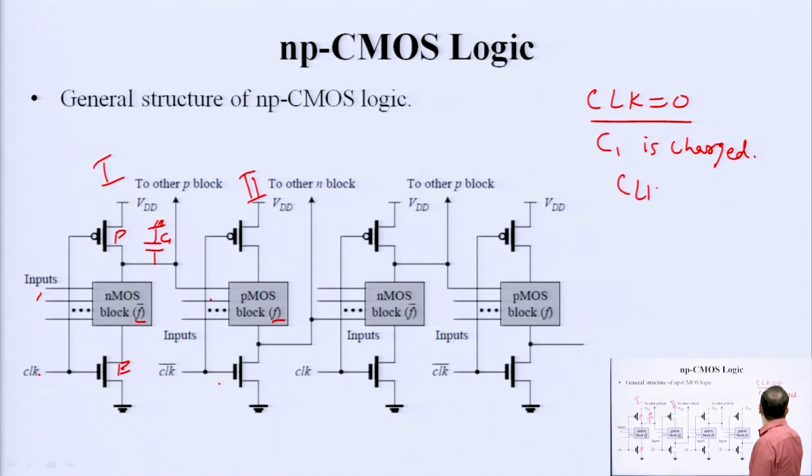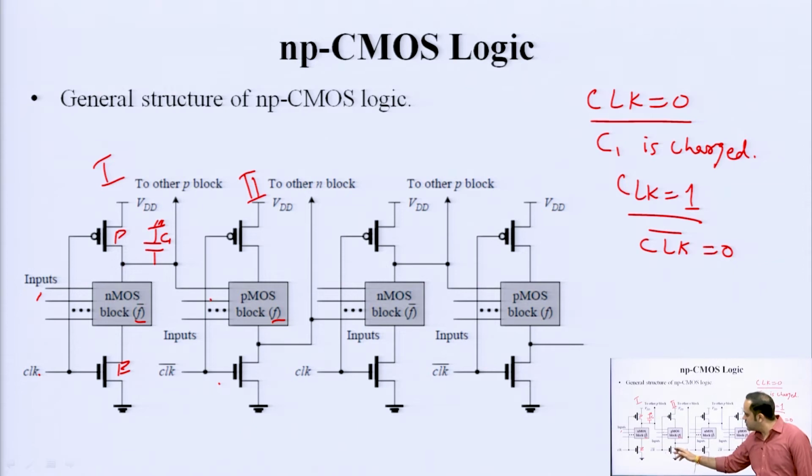and when clock goes to 1, this evaluation transistor turns on, whatever input is being applied here, conditional evaluation is done and the output is updated. That output is now transmitted to this PMOS block. At this stage clock is 1, which means clock bar is 0.